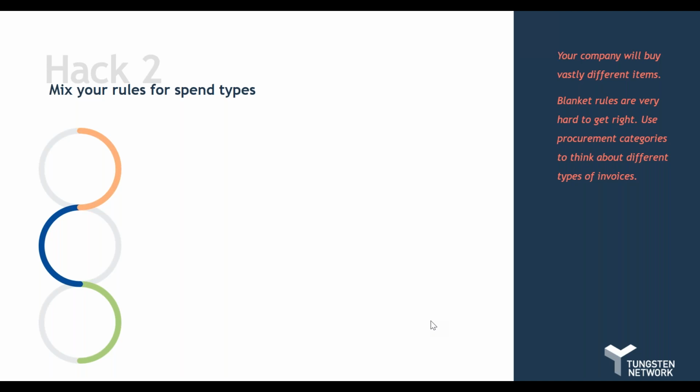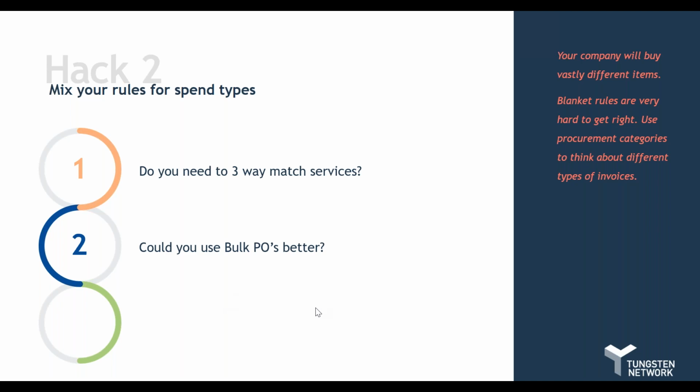So my next rule, or my next hack, is just thinking about, you're probably going to have to buy, as a company, lots and lots of different things. So many times when I go out and see people and talk about what they do, they have blanket type rules for the kind of spend that they're doing.